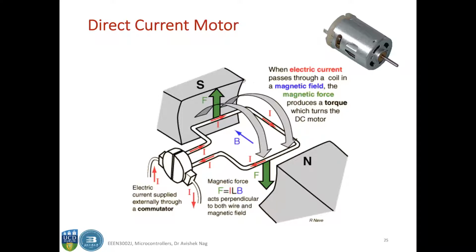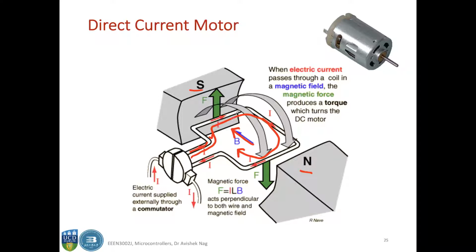So this is the concept of a DC motor, as you can see. You have probably studied this before in your physics class, that whenever there is a current carrying conductor, like this wire, carrying some current in this direction, and there is a magnetic field applied here, this is the north pole, this is the south pole, so the direction of the magnetic field is this one.